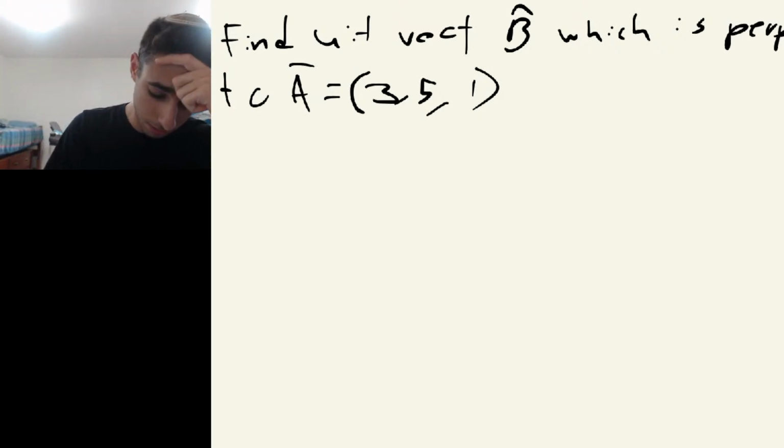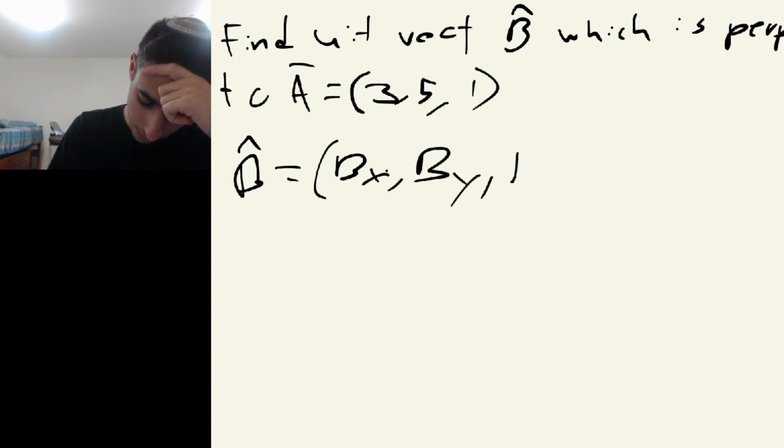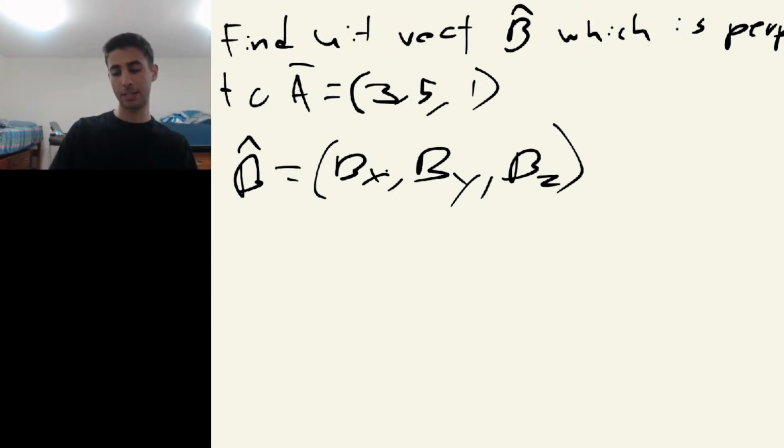So we could describe b as being a vector with b sub x, comma b sub y, comma b sub z. Now, by the way, this is not how he did it. He said that vector b needs to be on the right.